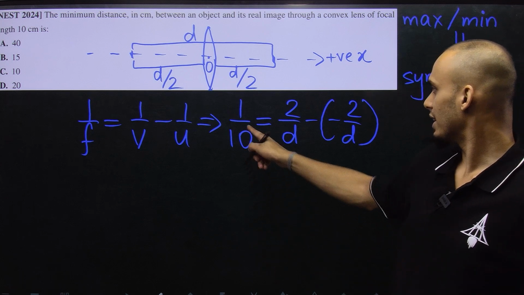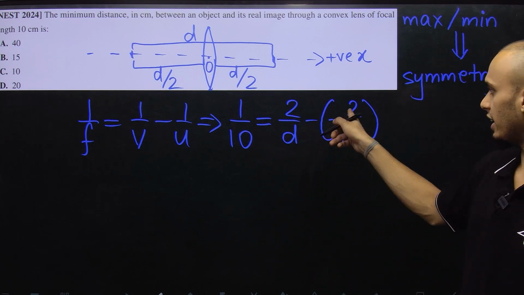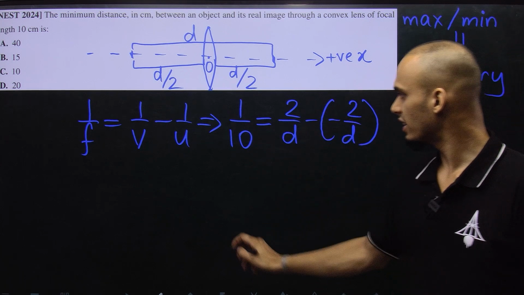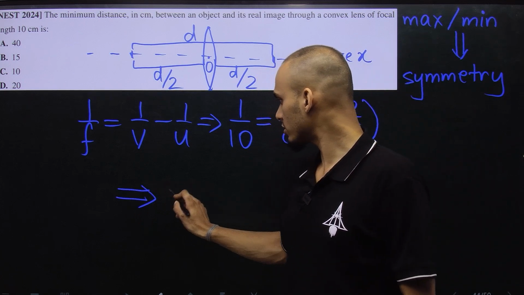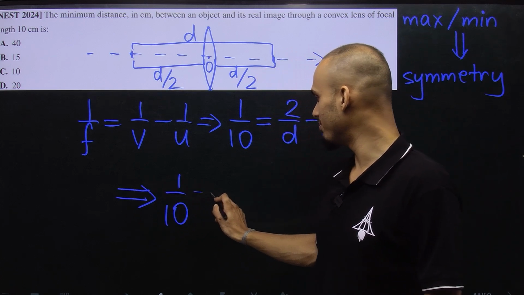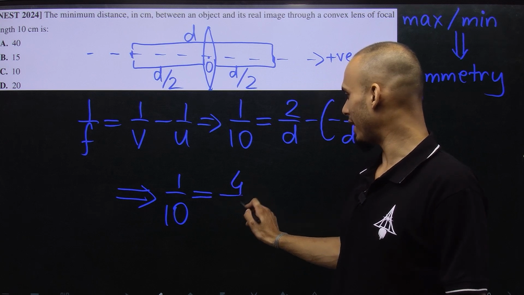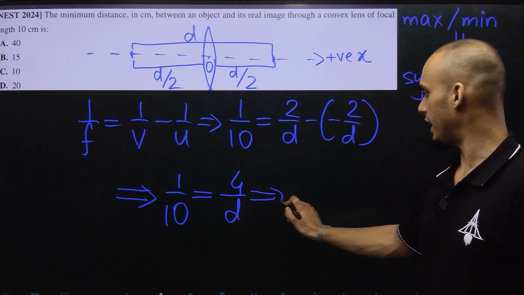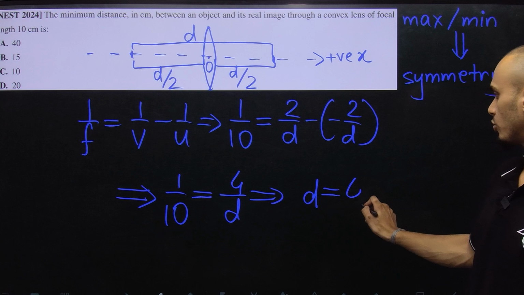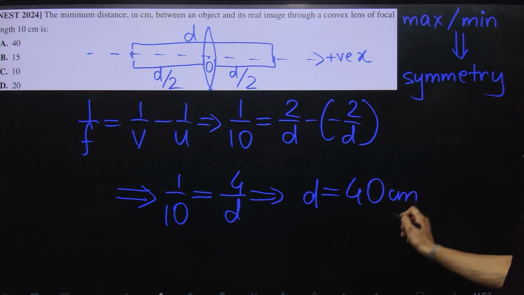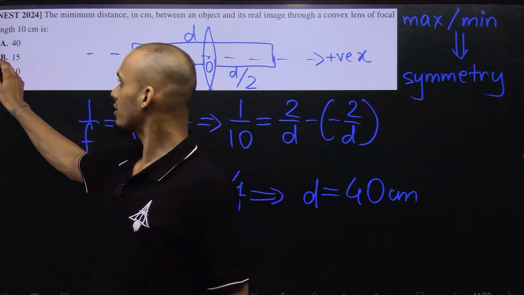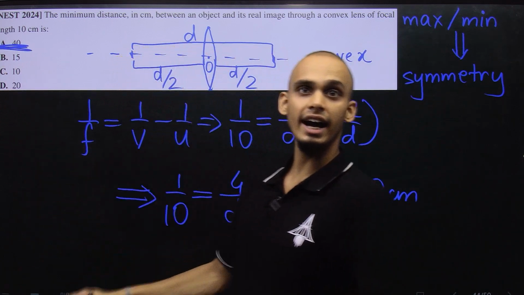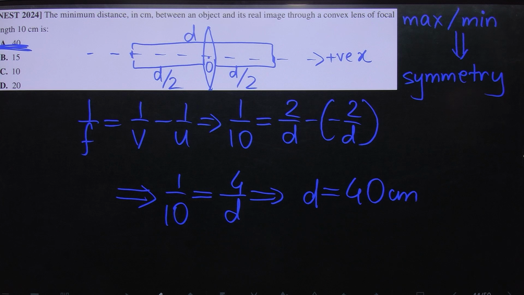So, we get 1 upon 10 is equal to 4 by d. Hence we get the value of d to be equal to 40 centimeter. Again, convenient choice of variables as well as very smart logic will give a very easy solution.